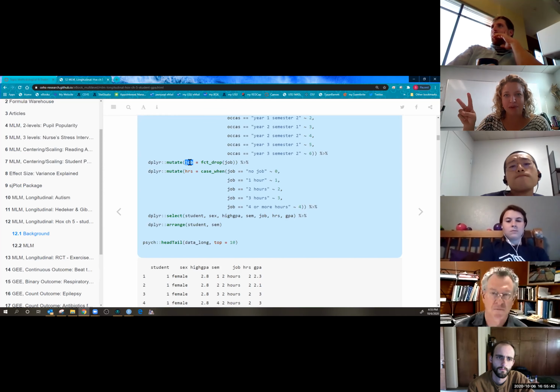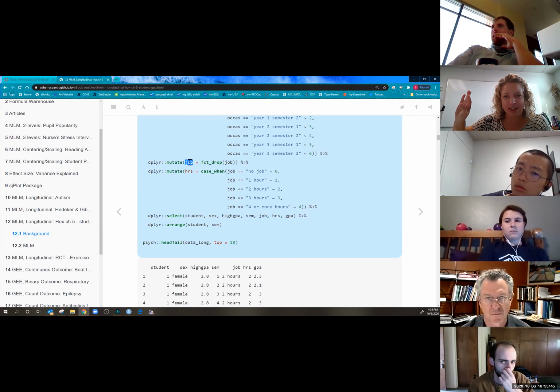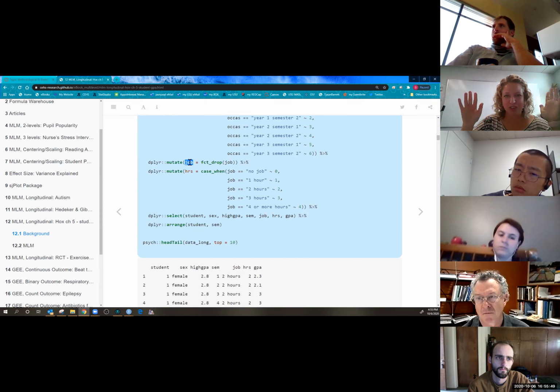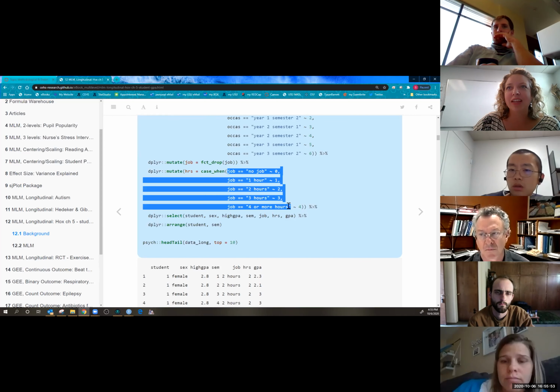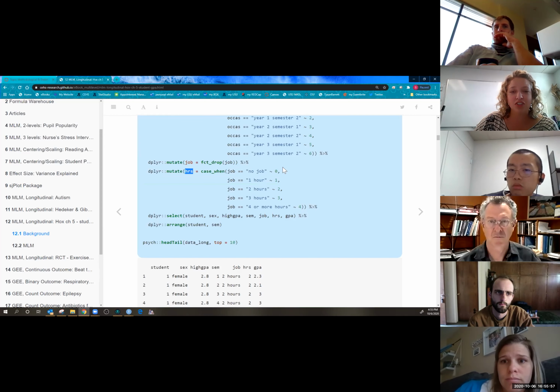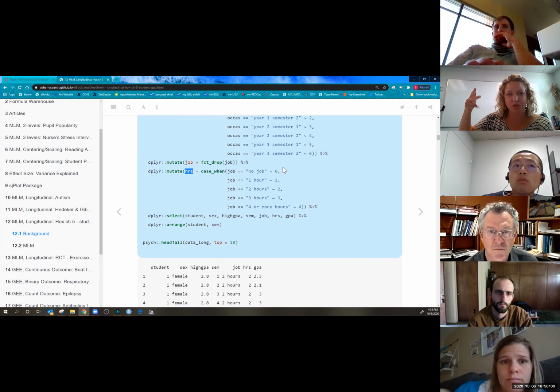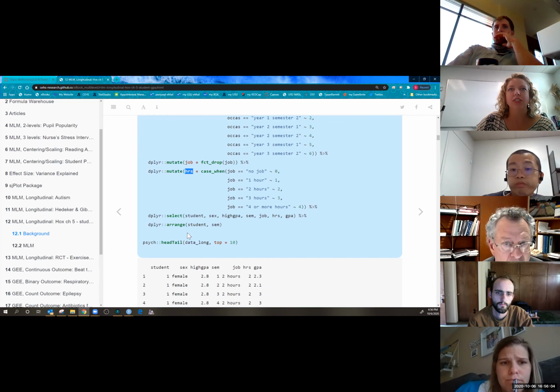It's the same variable, but I've just dropped the unused levels so that the models don't get freaked out that there's no one with no hours. And then job is equal to that text. So I'm going to change a new variable called hours that is just the numbers 0, 1, 2, 3. So it doesn't have all that hours part on it. And then I'm just selecting those variables.